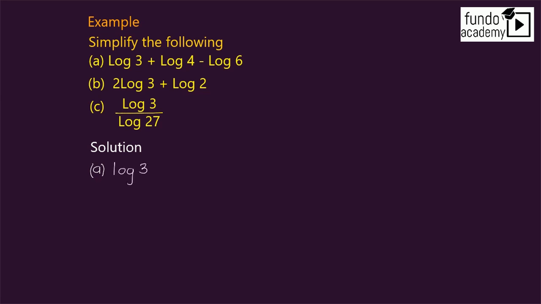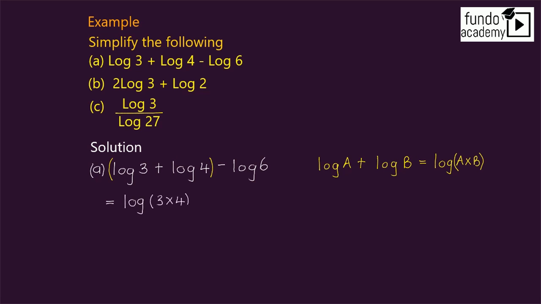Log 3 plus log 4 minus log 6. Now if you look at this part of the problem, we've got log 3 plus log 4. We can handle this part using the law log a plus log b is equal to the logarithm of the product a times b. That's our first law. So that means we'll have log 3 times 4 minus log 6. 3 times 4 is 12, so we'll have log 12 minus log 6.